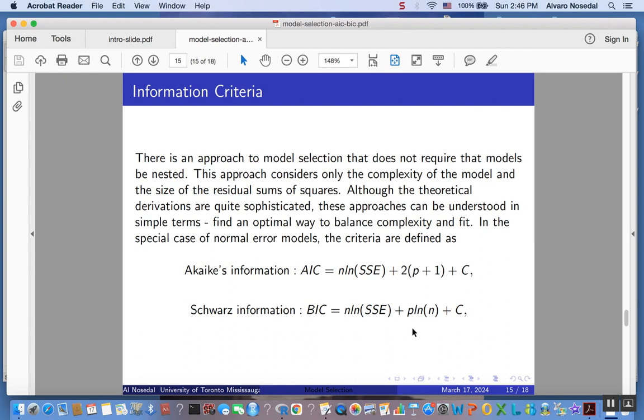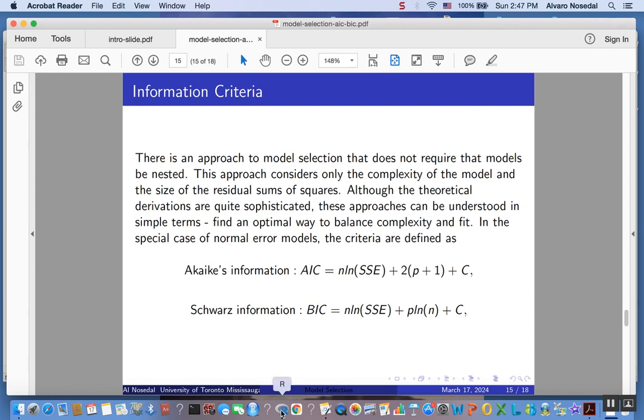So what we're going to be doing next is applying these two criteria and see what the conclusion is, which model we should prefer after we have taken into account the complexity of such models. So here we go.